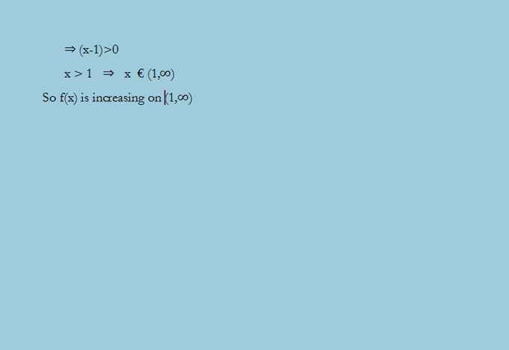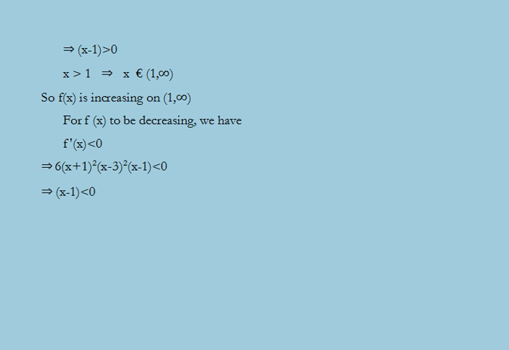So f(x) is increasing on interval (1, infinity). For f(x) to be decreasing, we must have f'(x) less than 0, which implies that 6(x + 1)^2 (x - 3)^2 (x - 1) is less than 0, which implies that x - 1 is less than 0, which means that x is less than 1 and thus x belongs to interval (minus infinity, 1).